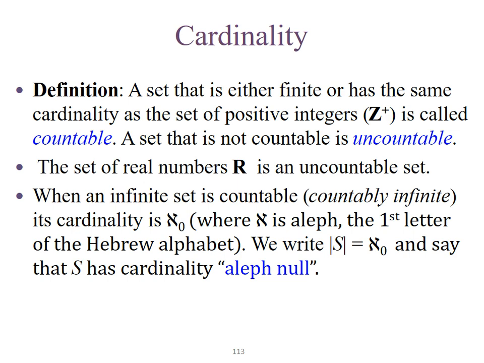So we call this a countably infinite set. Now we have the cardinality for this set. We can count, and this cardinality is valid now. This special character, although it's infinity, we define this cardinality as this special character.